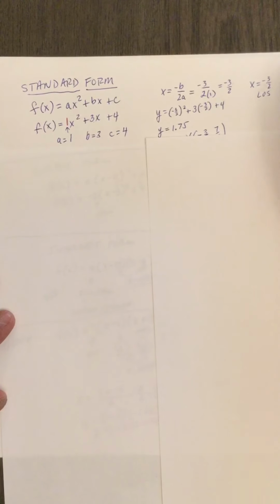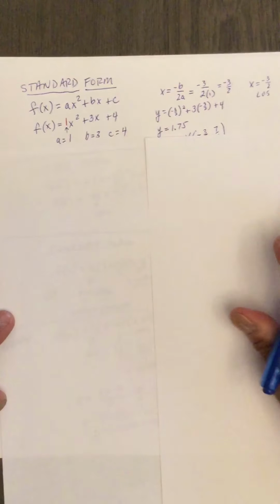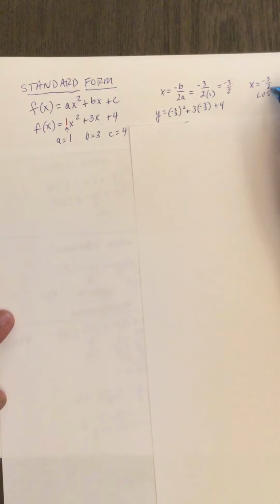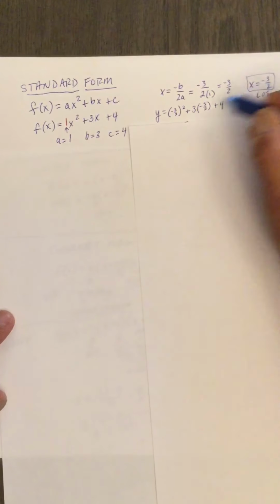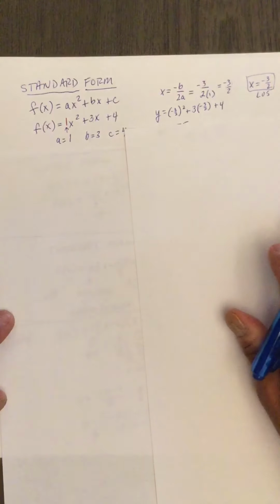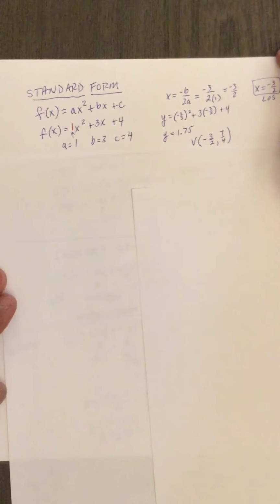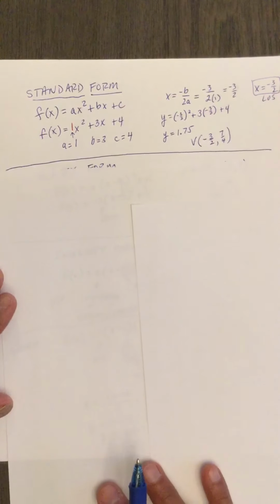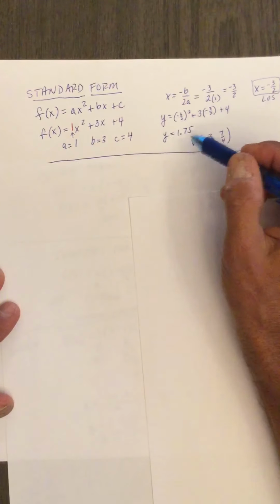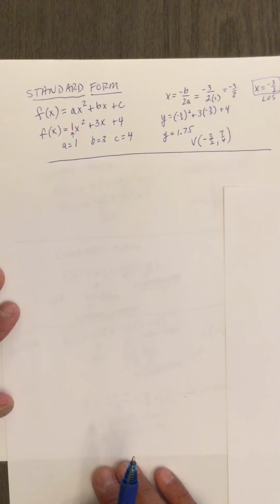To get the y value of your vertex, take the value you found, plug it back into the original equation, and that will get you the y value of your vertex. I know that seems kind of complicated, but you've learned this before. I've taught you that on previous videos.